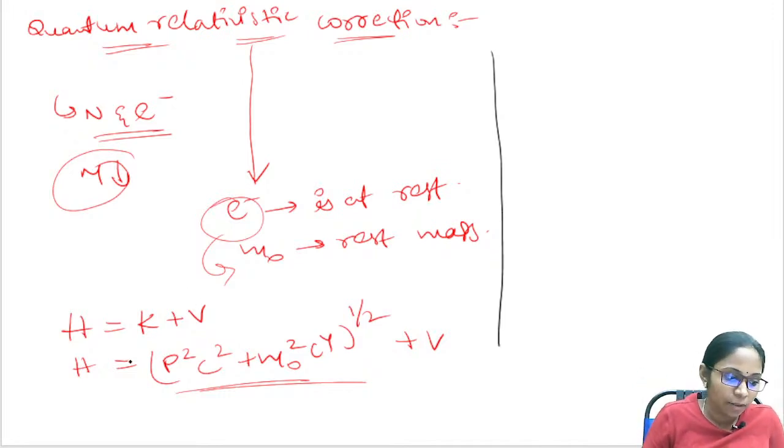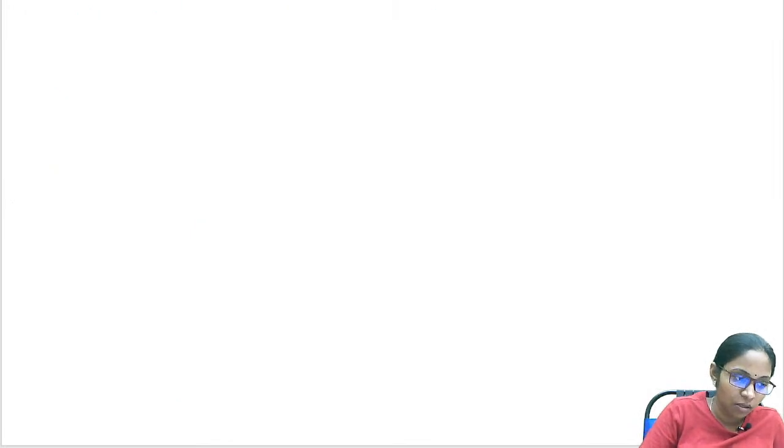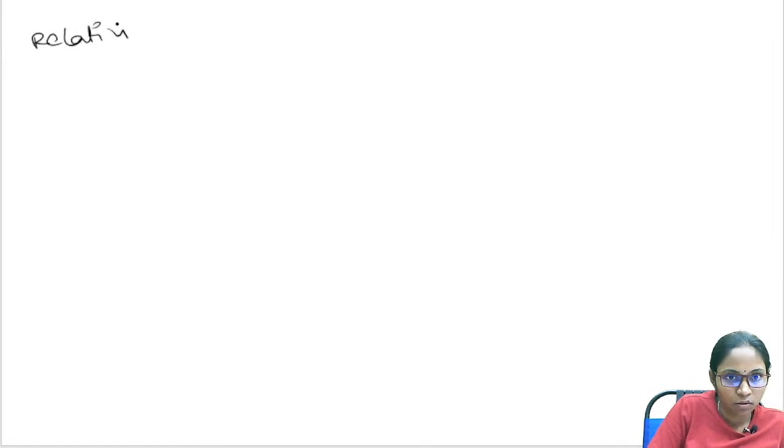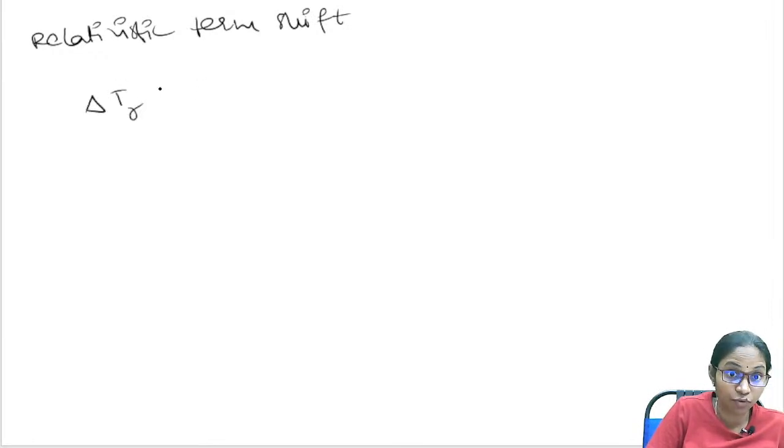Because of this relativistic correction, we have a term shift here, the relativistic term shift, which is equal to delta T because of the relativistic correction. This will be equal to minus delta E by hc.